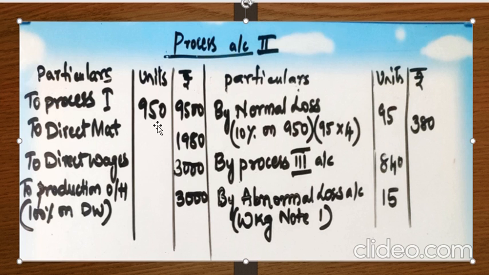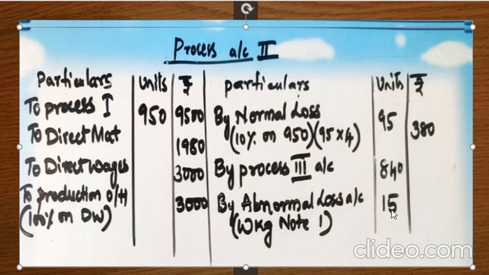So you have 950 here, 95 here and 840. If you look at it, 950 minus 95 minus 840 gives a difference of 15 units. So you will get your abnormal loss of 15 units.